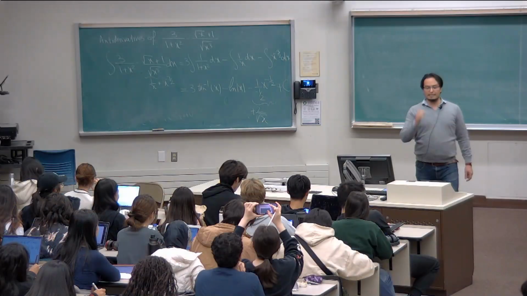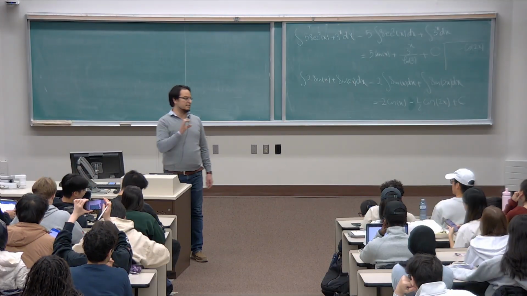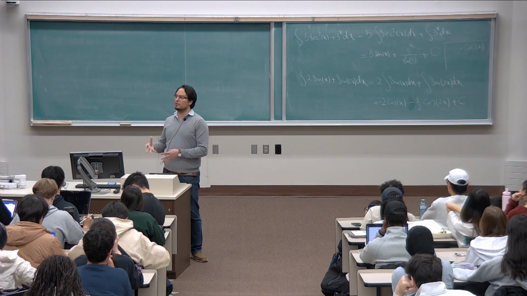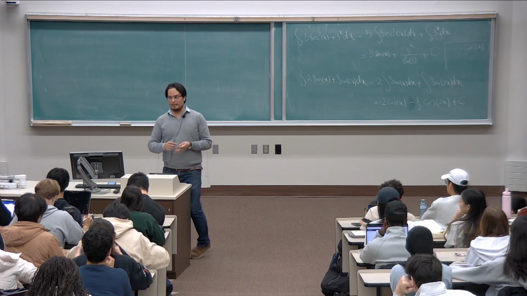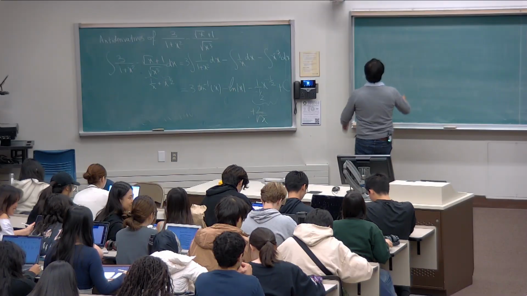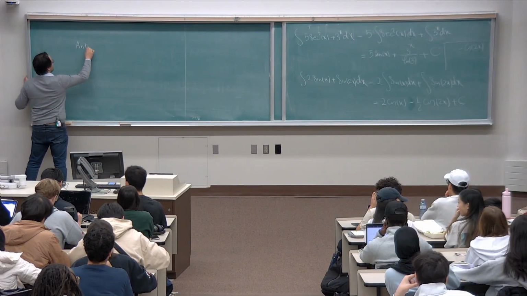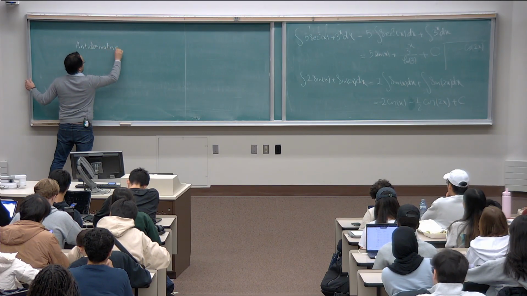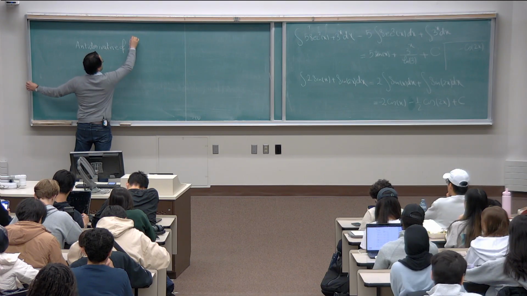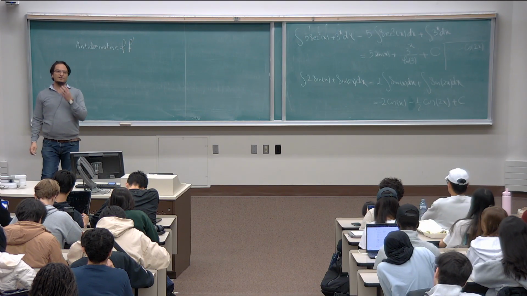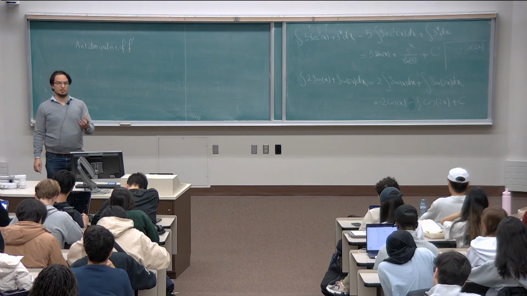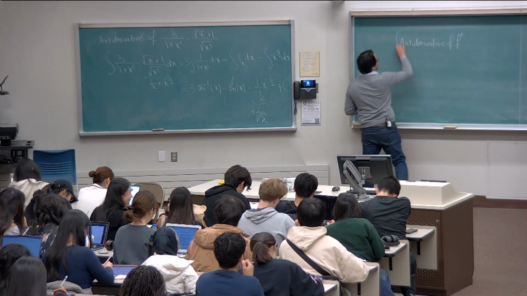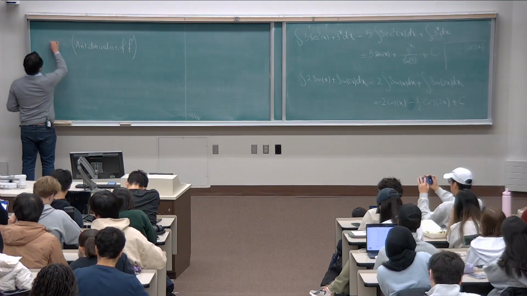Okay, let's see. The last piece of this section is something that is obvious when you put it in words. When you're looking for the antiderivative of f prime, if someone gives you the derivative of a function and asks for the antiderivative, by definition this is f itself.